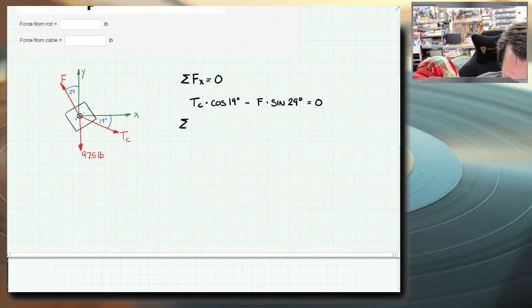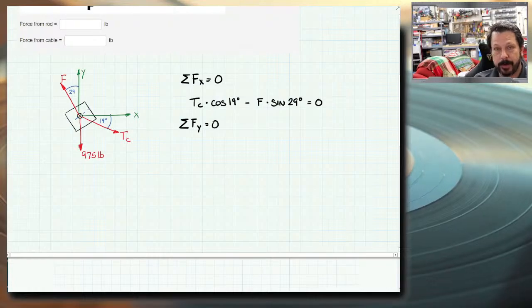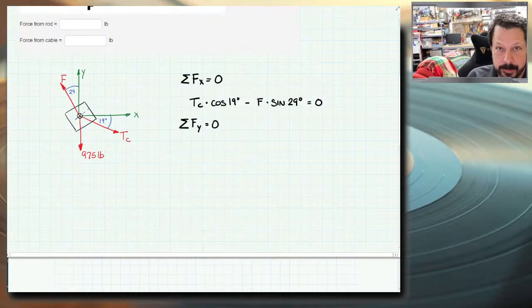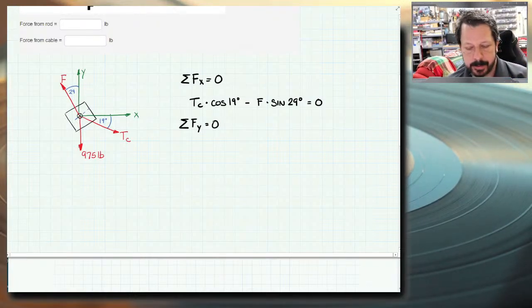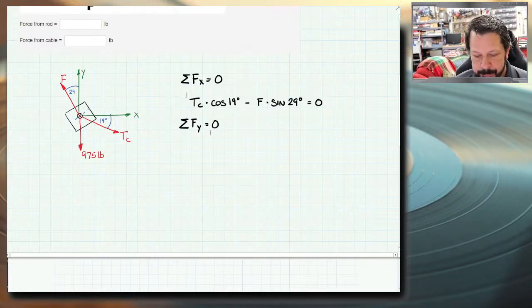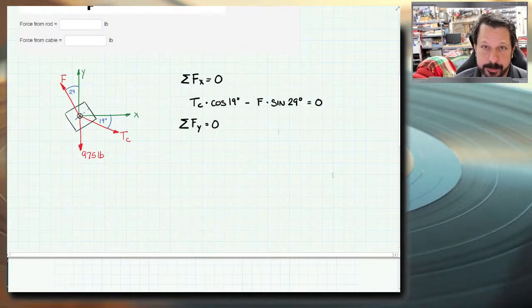And then I have the same equation in the y direction, telling me that if all the y components don't add to 0, then the free body is moving in the y direction. Now here I'm going to do a particular thing. Notice the order I wrote these in. I wrote TC first and then F, which didn't matter in the first equation.